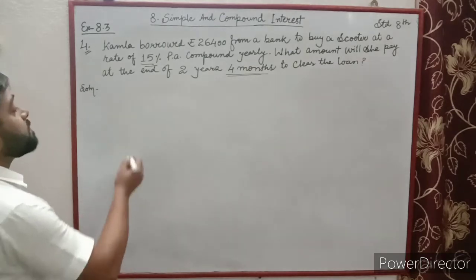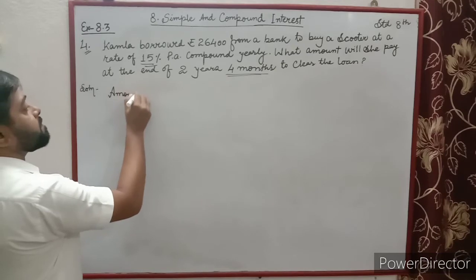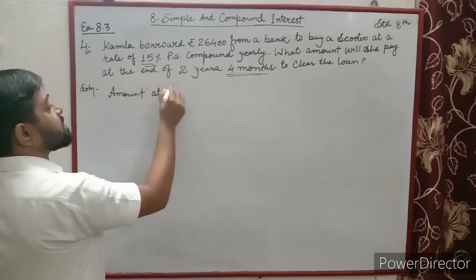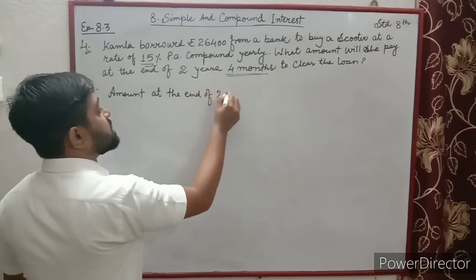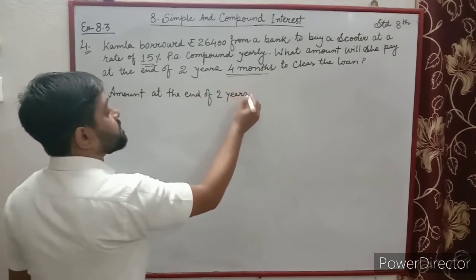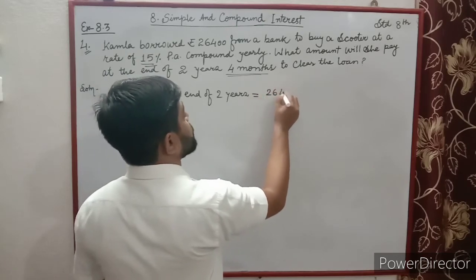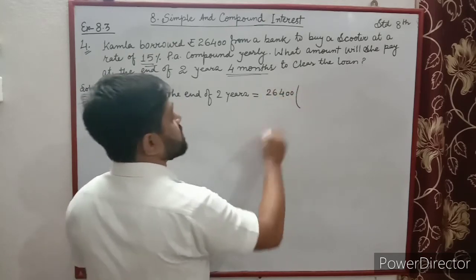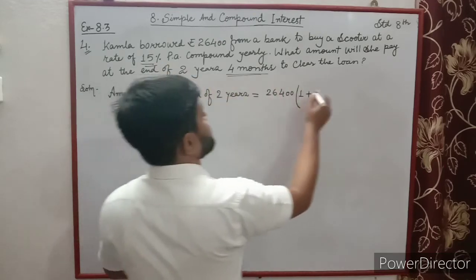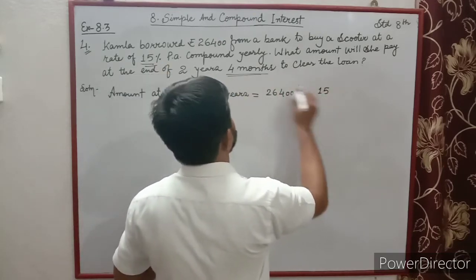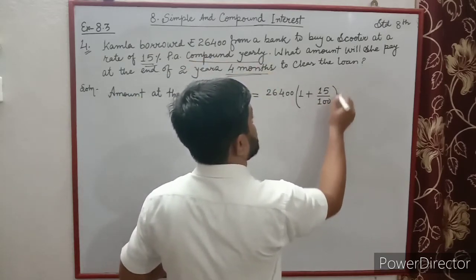So first of all, we have to find amount at the end of 2 years, is equal to principal 26,400 rupees into (1 plus rate of interest 15% per annum compounded yearly, so 15 by 100) to the power 2.